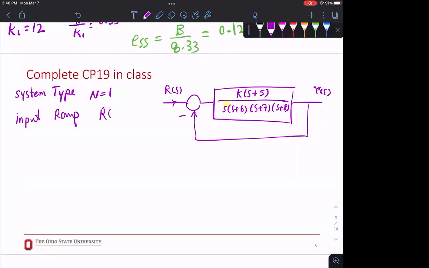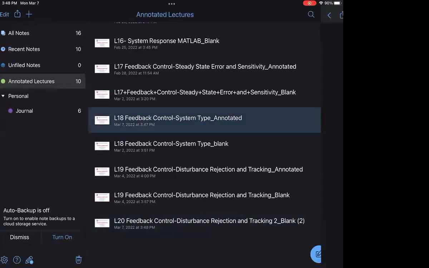Otherwise, this would not make sense. So I'm going to put 1 over s squared. I give that instead of a 1 because I want to solve this. So ESS is 10%, which is 0.1. We already know ESS is 1 over Kv. This gives us Kv equal to 10. We also have an equation for our Kv from the next table in that lecture, which I'm going to show you again because you look like you don't remember.